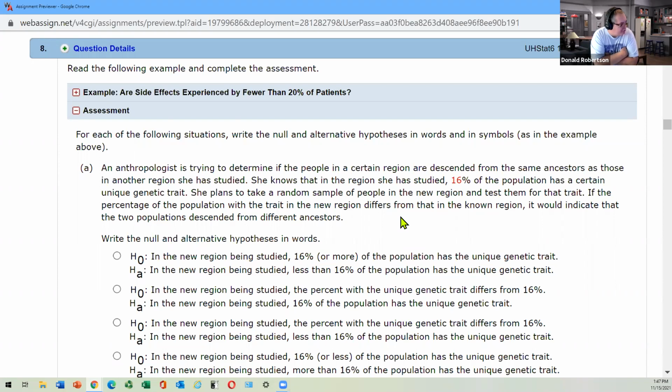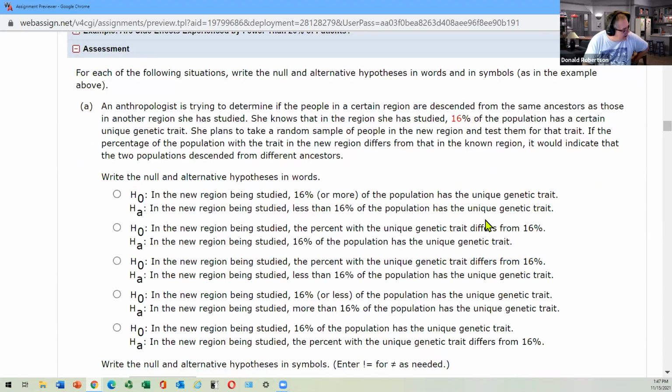If the percentage of the population with the trait in the new region differs from that number, 16, that would indicate that these two populations were descended from different ancestors, right? So they don't share enough in common to be considered blood relatives, I guess.